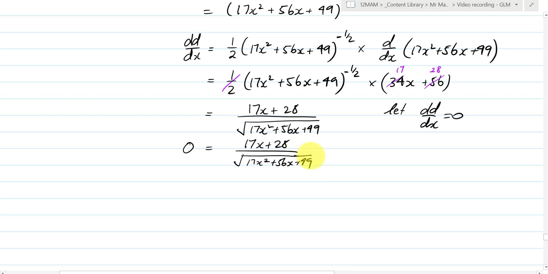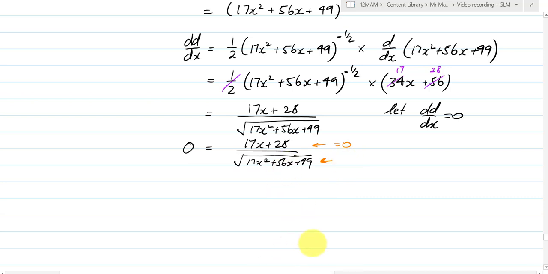Now this is where the magic happens, and this will happen in quite a few different contexts. Notice here I've got something on top and something on the bottom. To make this thing 0, this is like an alternate version of the null factor theorem. The only way I can make this 0 is if the numerator is 0. If the denominator equals 0, I've got a big problem because we can't divide by 0. And there's no other value the denominator can take that will make this thing 0.